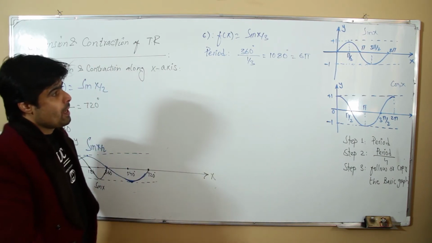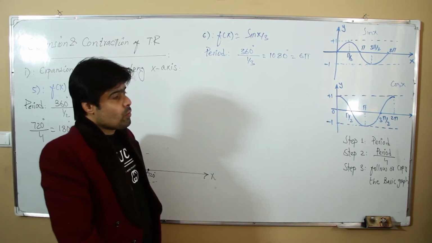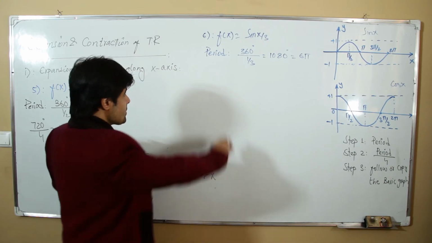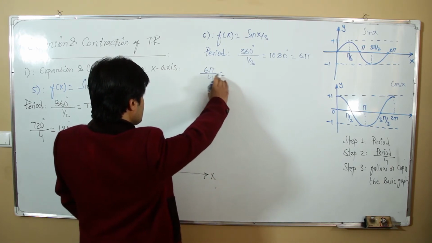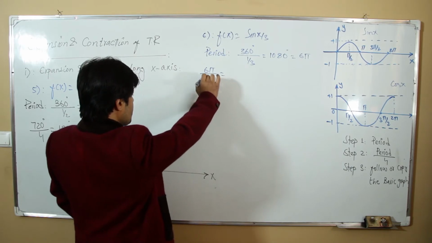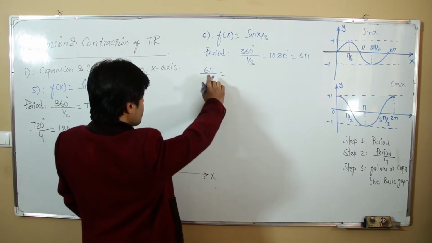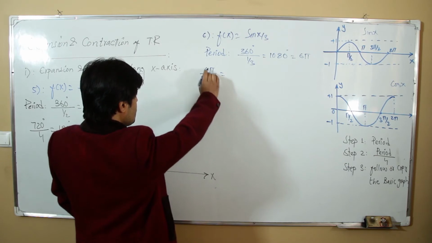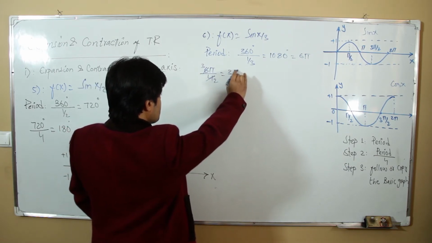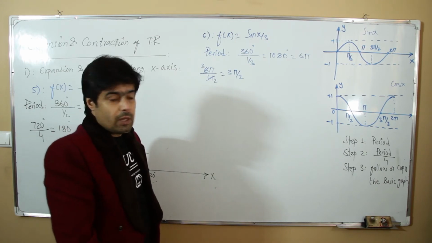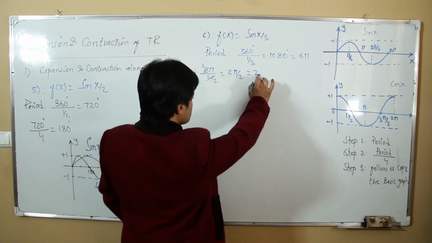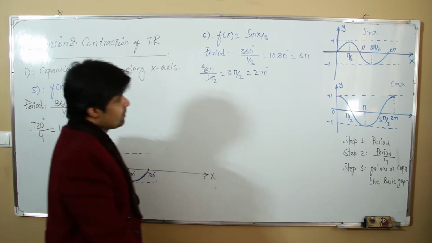Now, how can we define the points? This 6 pi should be divided by 4. We can cancel this 2. This is 3 pi by 2. This is our every point, or 270 degrees.